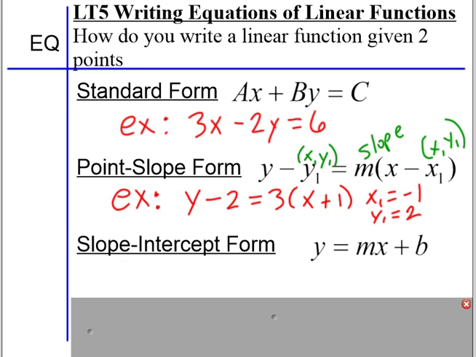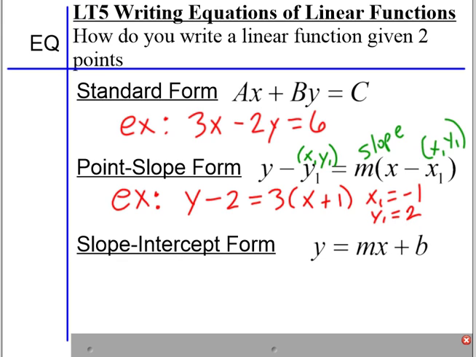And the last way, and one of our most useful forms, is slope-intercept form. Why is it called slope-intercept form? Because the m is the slope, and the b is the y-intercept. And we will use this one a lot, especially when we're trying to graph.